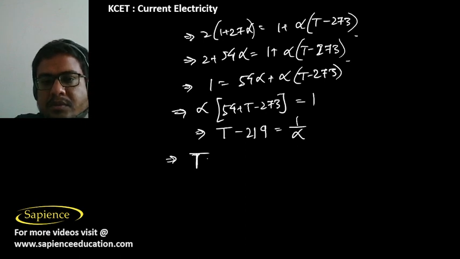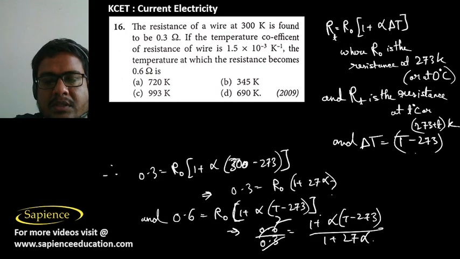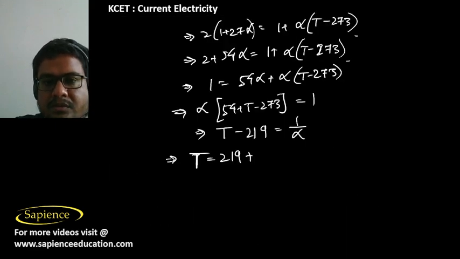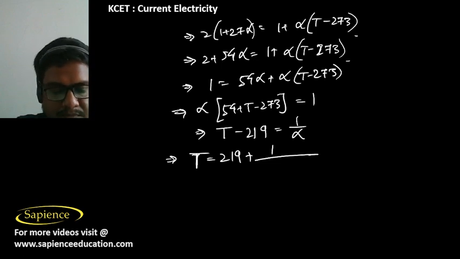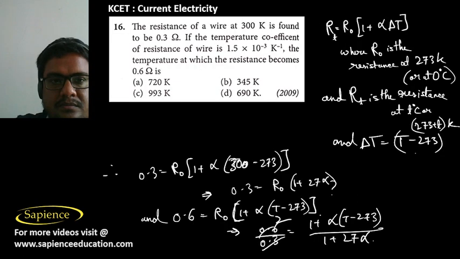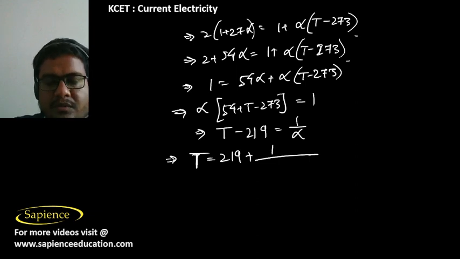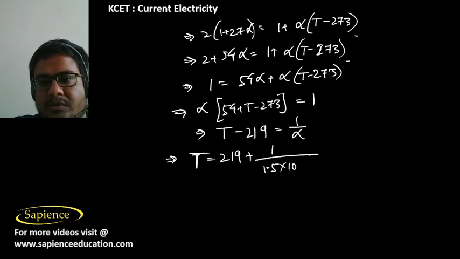Means T should be equal to 219 plus 1 by alpha, where alpha is 1.5 into 10 power minus 3.